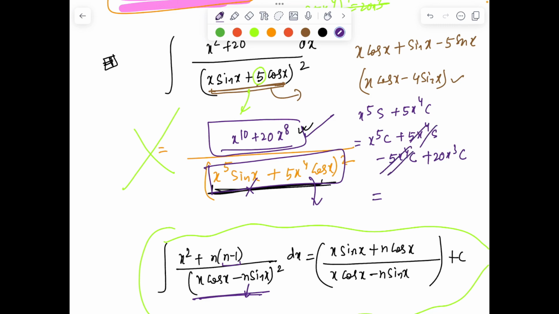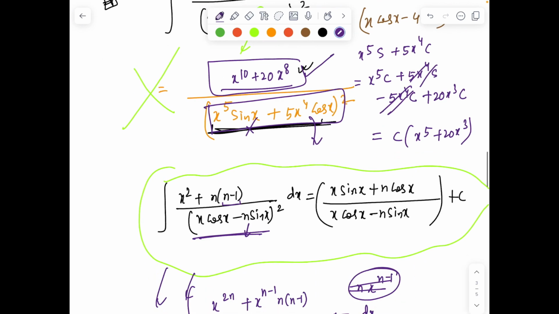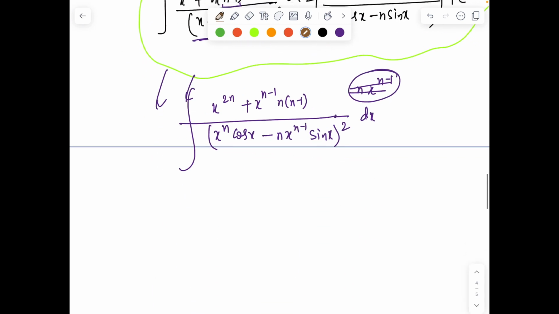So that got simply kicked away, and we have cos times x^5 plus 20x cube. Well, that's not bad news because it's quite connected with x to the power 10 plus 20x^8, that is x to the power 5 plus 20x cube, and that's the motivation for this.